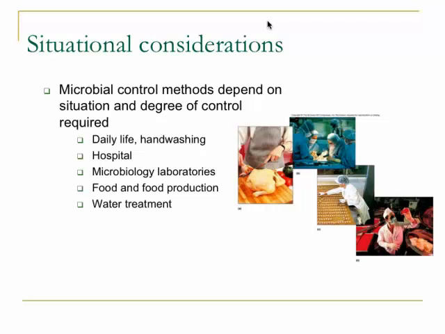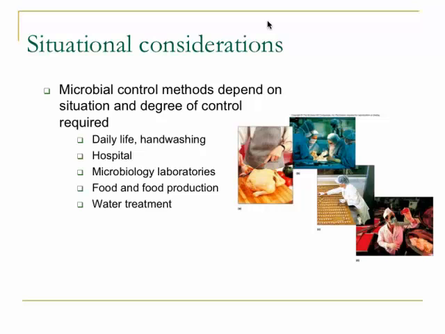But when it comes to hospital disinfection and means of control of microorganisms in the hospital, there are entire panels and groups dedicated to the constant monitoring of pathogenic bacteria in hospitals and promoting means of control of these pathogens. And okay, this is just a list. I have it already in the following slides.